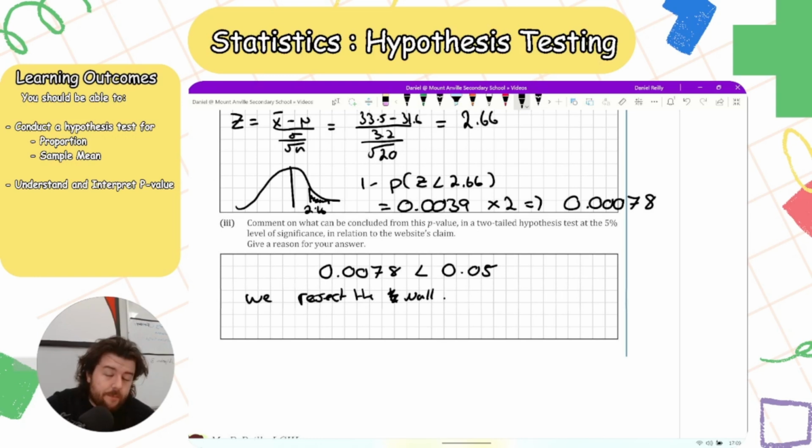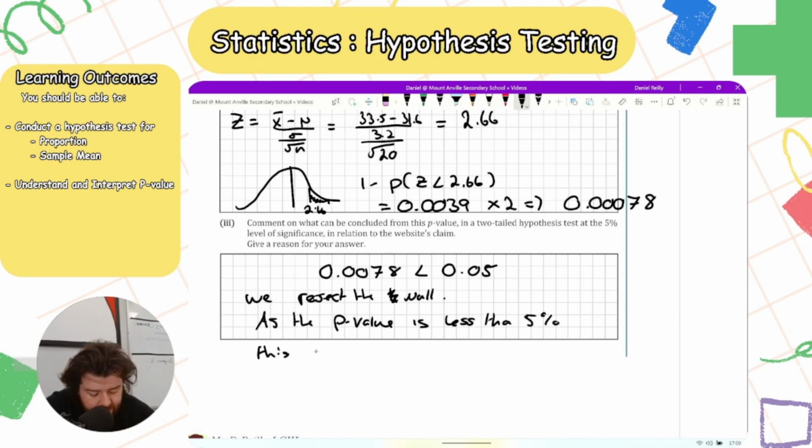We reject the null when p is low, reject that null hypothesis. So as the p-value is less than 5%, this suggests the mean score has changed.